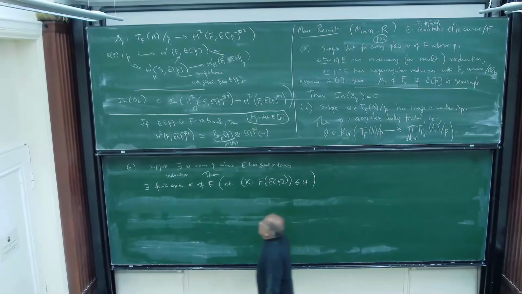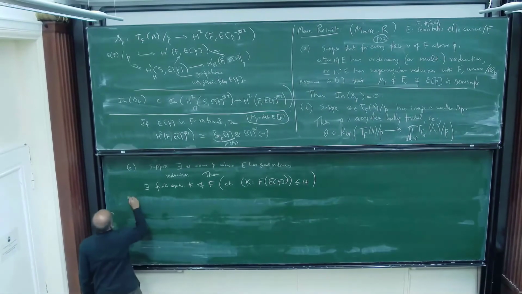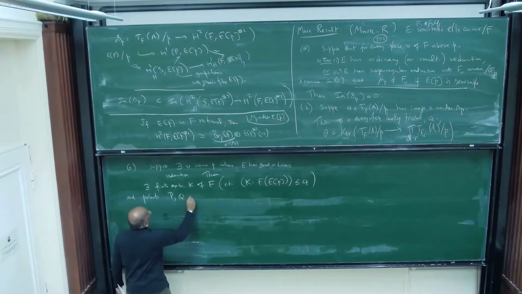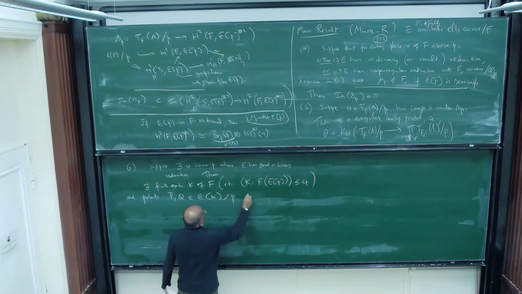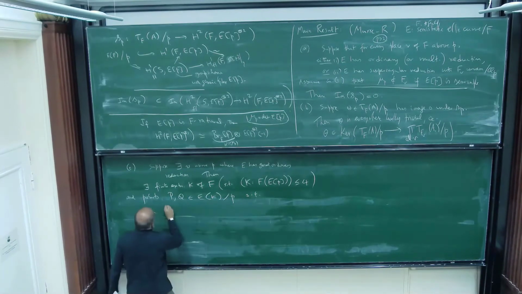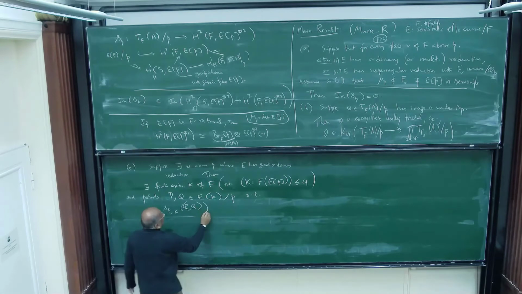And there are points P, Q in E(K), the global points, such that S_P over K of this symbol (P, Q) is nonzero.